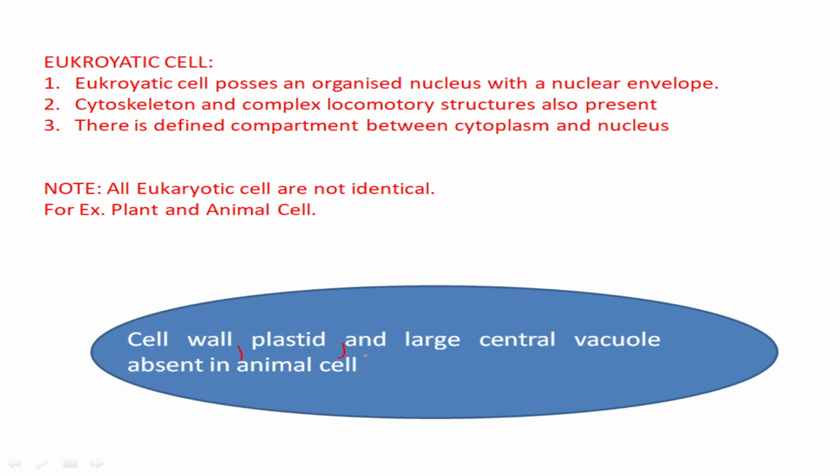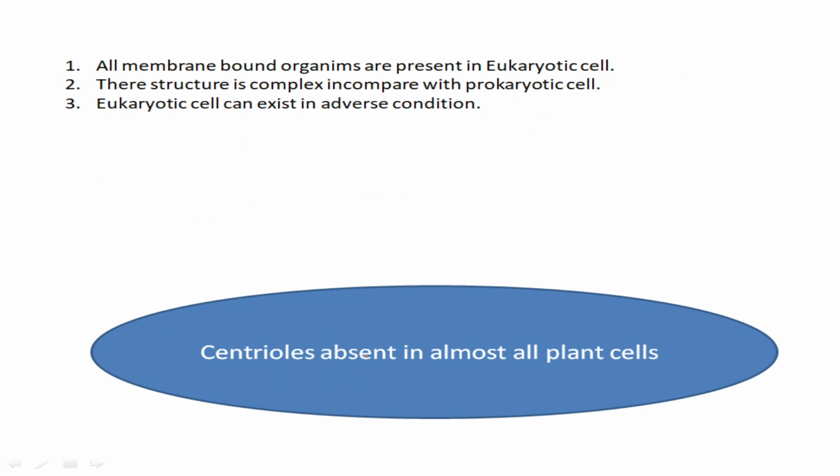Plastid is an organelle of plants which helps them in processing of their working. Large central vacuole contains a large amount of water and is very useful for maintaining the shape of plant cells. That's why these are all absent in animal cells.